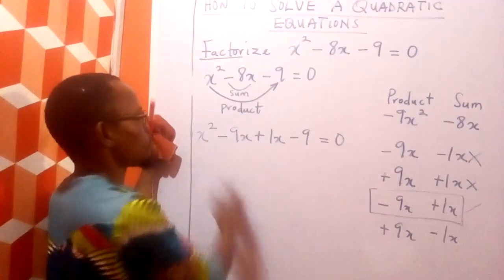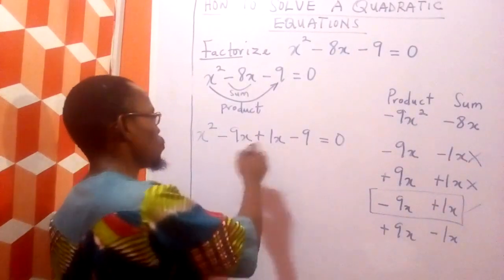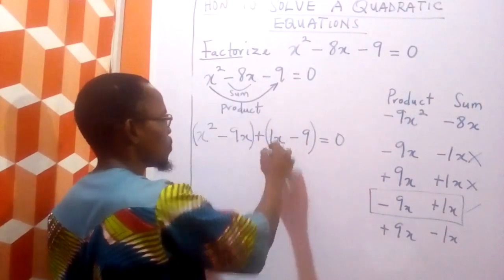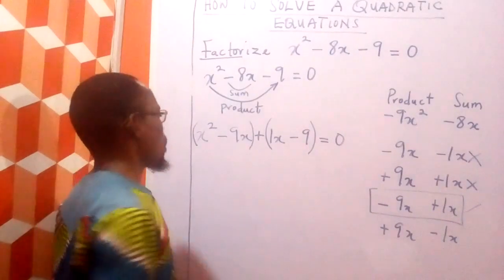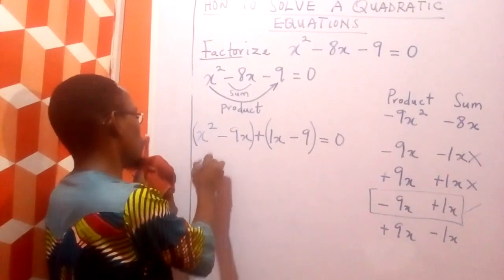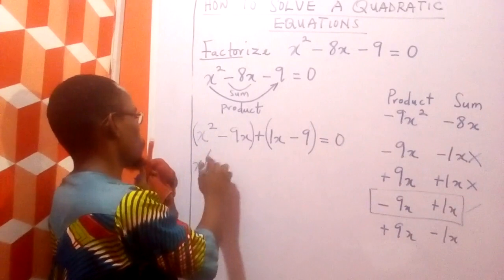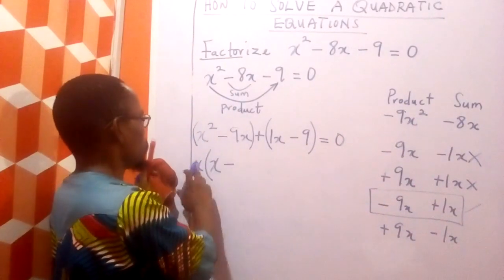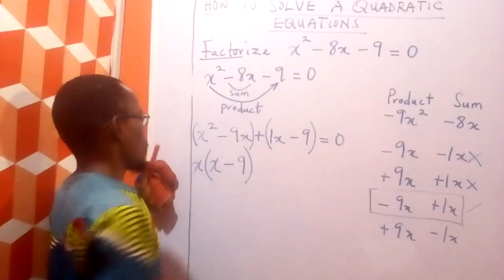Since they are in 4, like the first previous example we did, we put them in 2s, in brackets. So what's common here? X is common. Open a bracket and divide this: we are left with x minus 9.